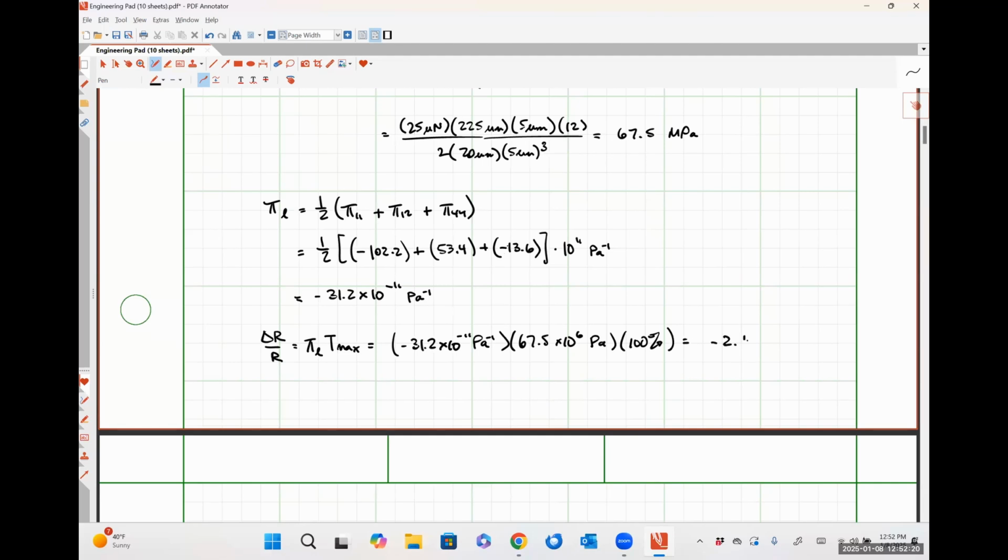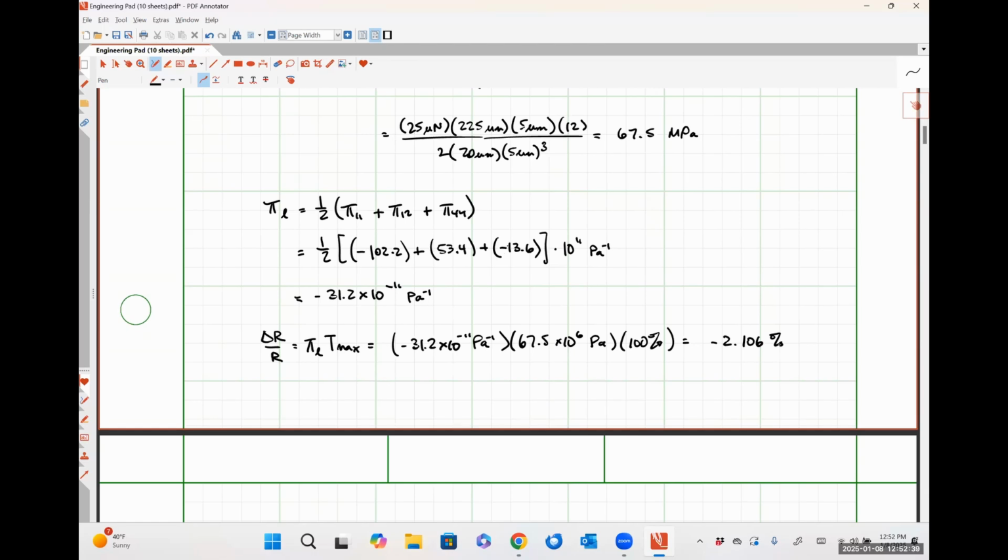And it'll be negative 2.106%. So our piezo resistor experiences a change in resistance of a little bit over 2%, right? Due to the deformation of the beam.